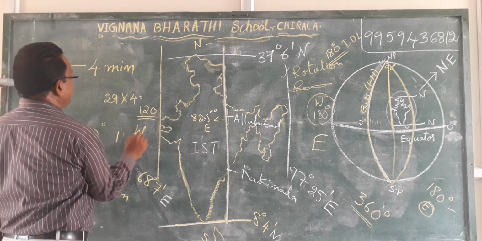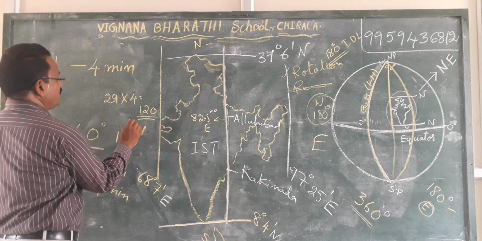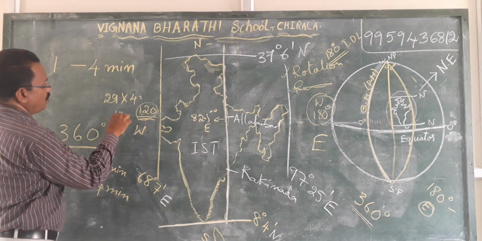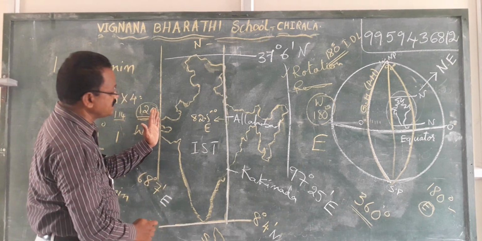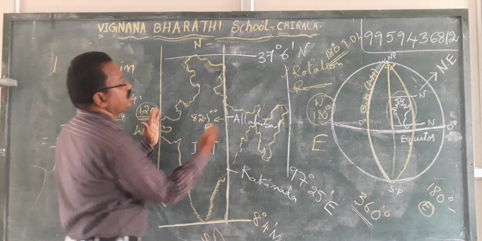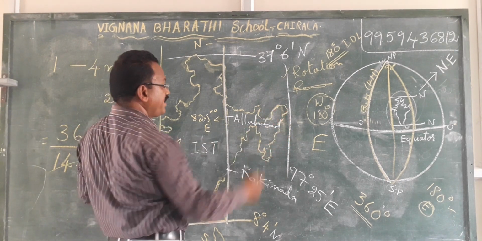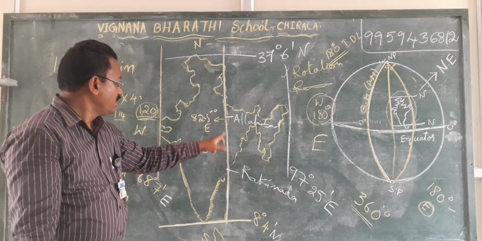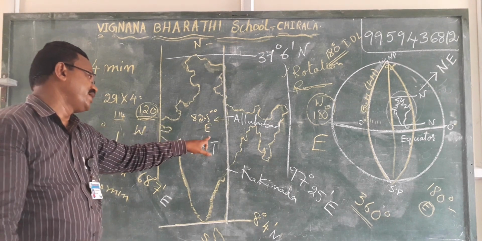That is approximately 120 minutes, just less than that, which is about 2 hours. To cross this, from 68 to 97 degrees, takes 2 hours. That is why our Indian Standard Time is taken from the middle longitude, the reference of 82.5 degrees east longitude.